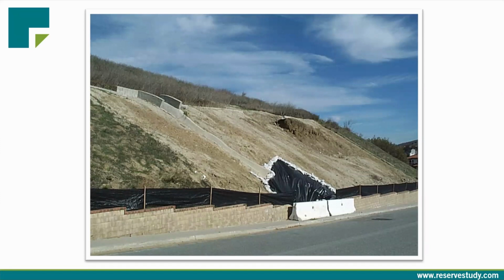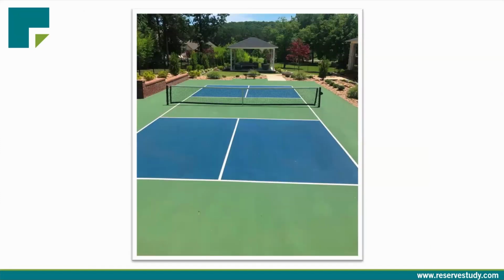And so this last one here is a good representation of a capital improvement and why that's not appropriate for reserves. In this particular scenario, this pickleball court didn't exist at a certain point. This was just common area that existed between a home and the perimeter fencing. But the community decided that they wanted to do some improvement. And so they put in this pickleball court.